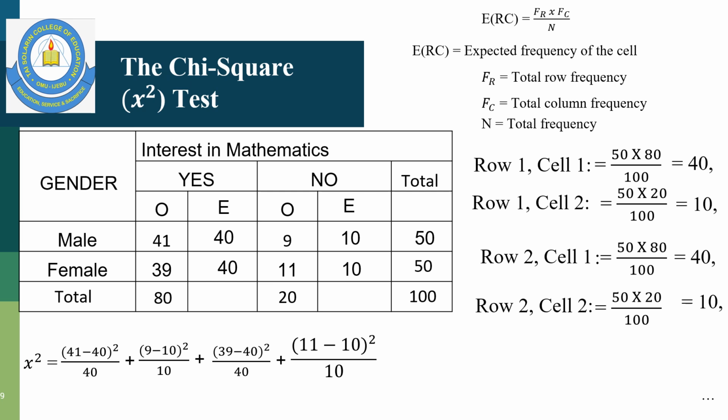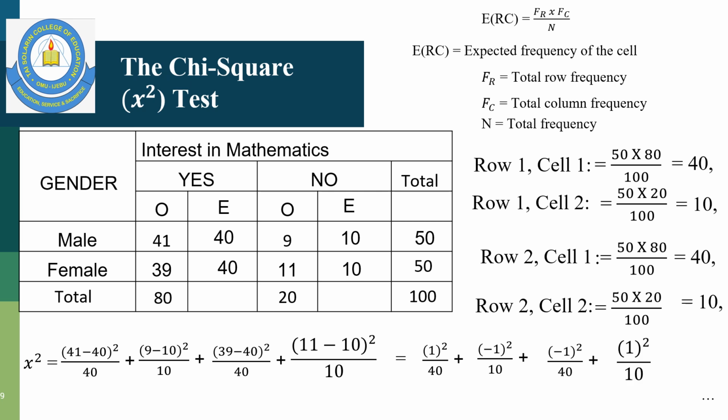And then we now continue to solve that. We have 41 minus 40 squared. That gives us 1 squared over 40. Then plus 9 minus 10 squared gives us minus 1 squared all over 10. Plus 39 minus 40 squared will give us minus 1 squared over 40, plus 11 minus 10 squared will give us 1 squared all over 10.